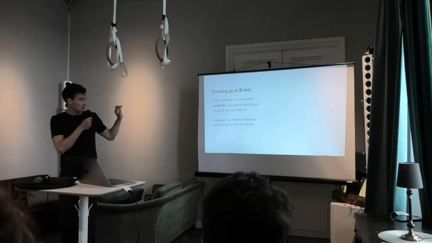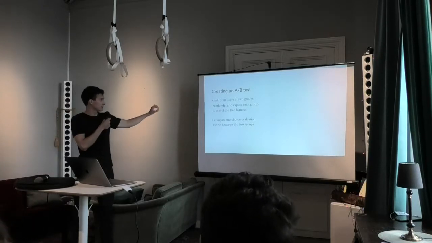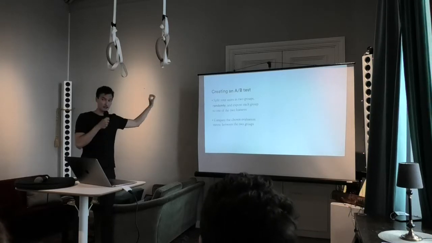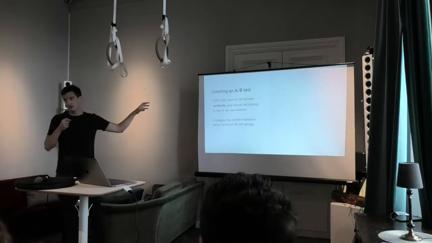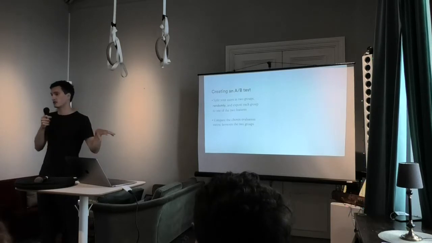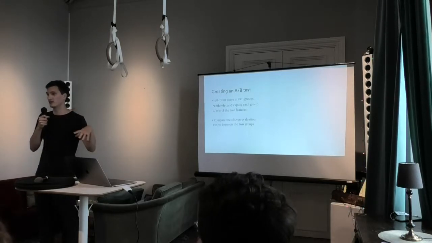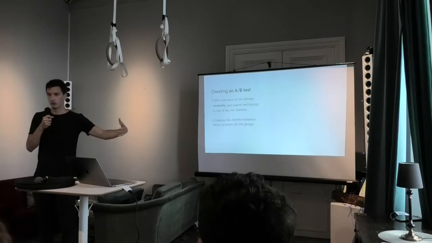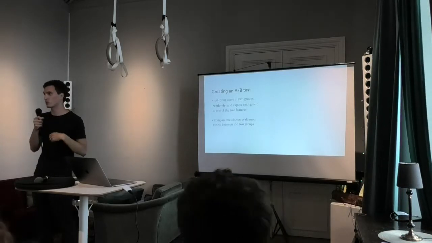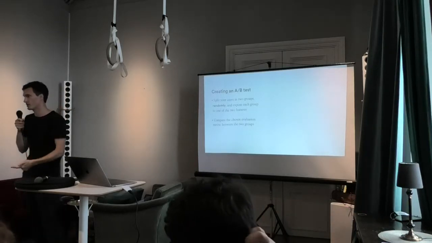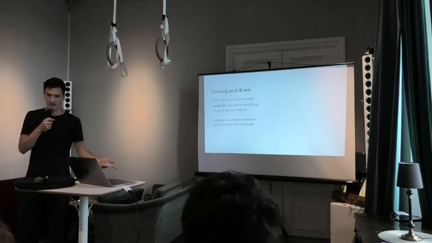What's really important when you create an A/B test is that you do the group selection randomly. Because if you do, then the distribution of users in each group will be the same as the distribution of users in your overall user base. You will have the same proportion of old people, the same proportion of young people, the same proportion of each market, and so on.